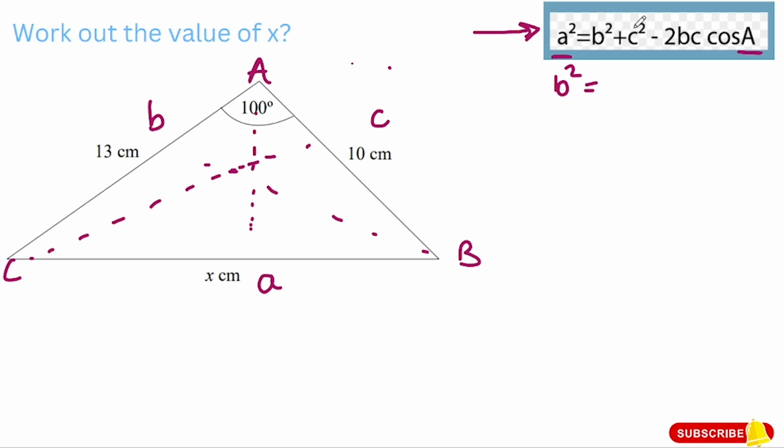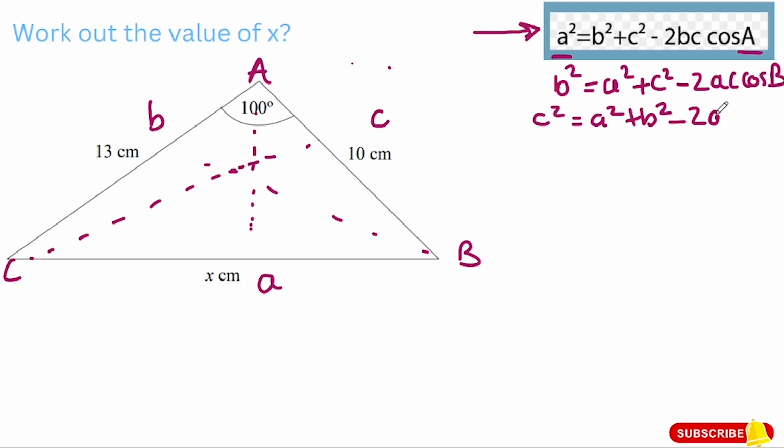Well, basically, this is going to become A and this will become B. Because if I want to work out the side length of B, I need to know the angle of B. So this will be A squared plus C squared, take away 2AC cos B. And if I want to work out the length of C, so the side length C, then again, this becomes A and this will become capital C. So this will become A squared plus B squared, take away 2AB cos C, okay?